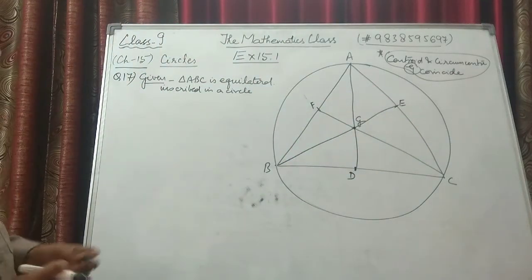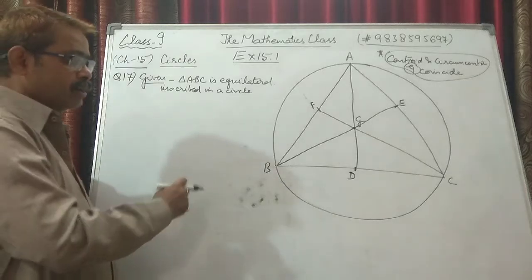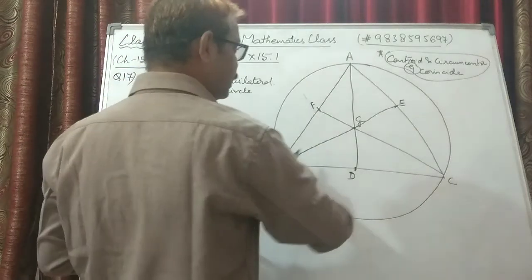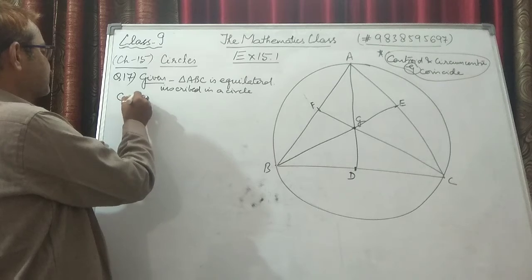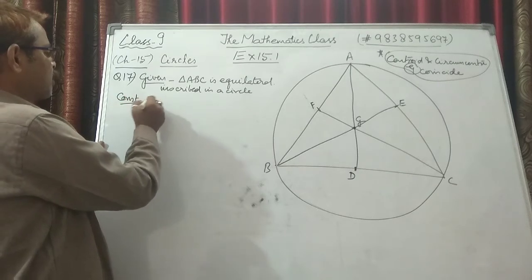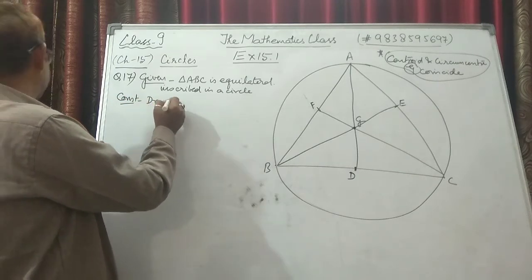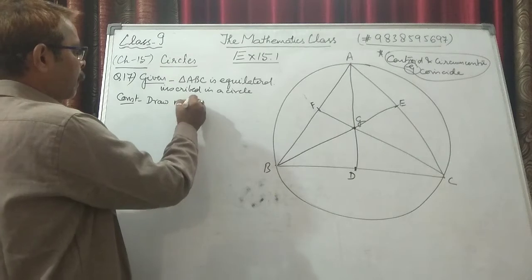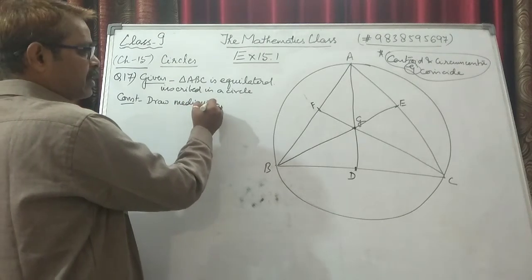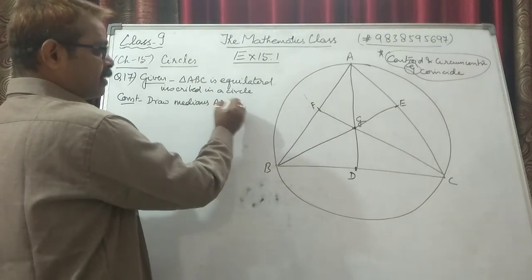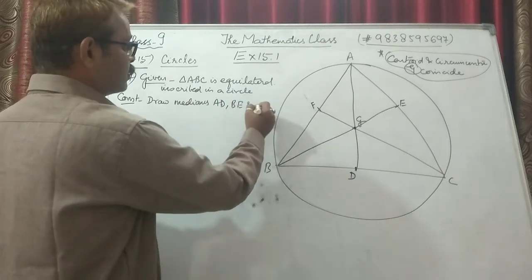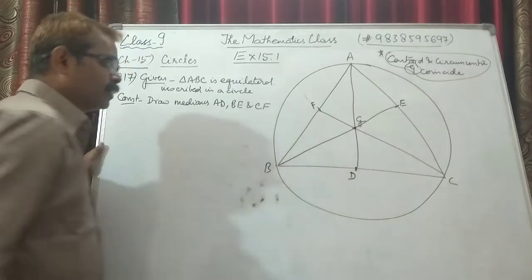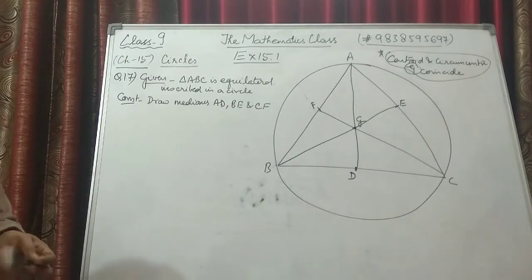Now in construction, draw medians AD, BE and CF. This is our construction.